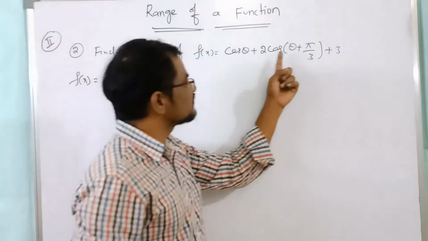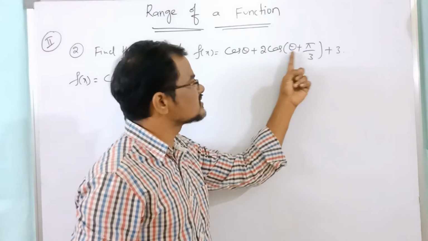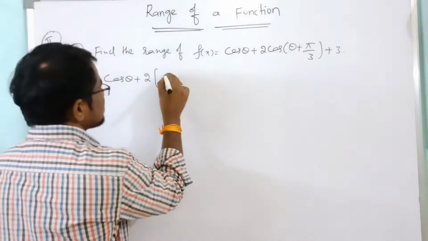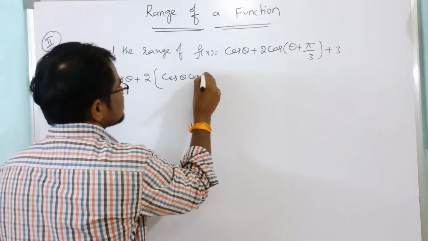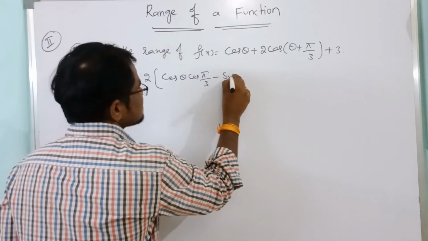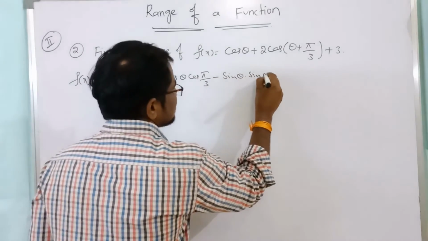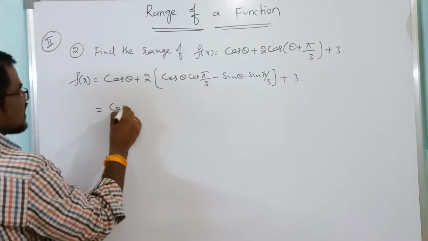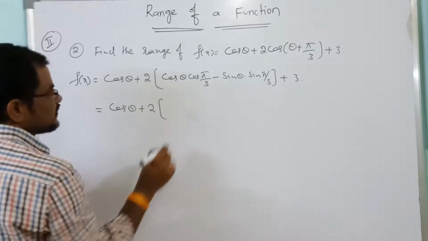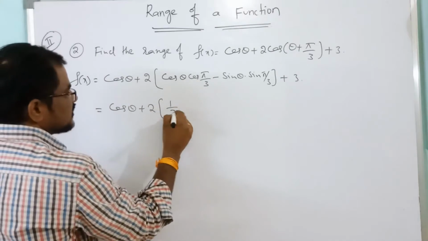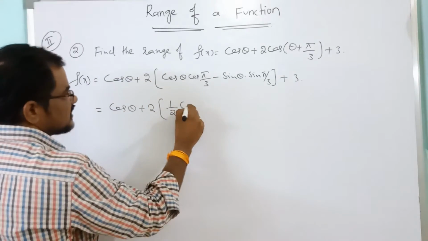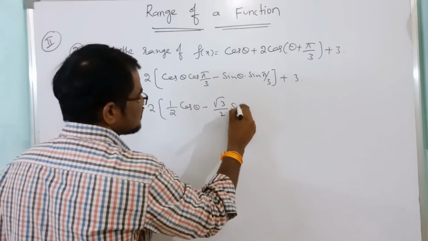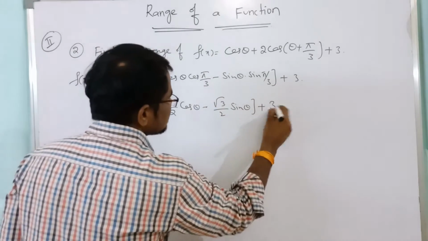This is in the form of cos of a plus b, so cos a cos b minus sin a sin b, plus 3. Now that is equal to cos theta plus 2 into 1 by 2 cos pi by 3 into cos theta minus sin pi by 3, which is root 3 by 2, into sin theta, plus 3.